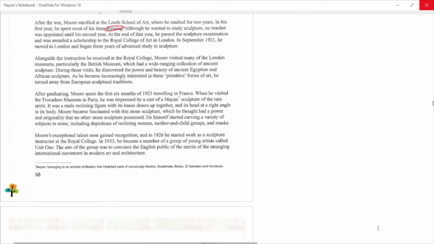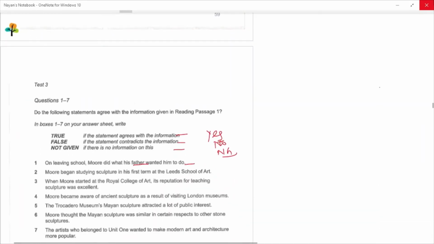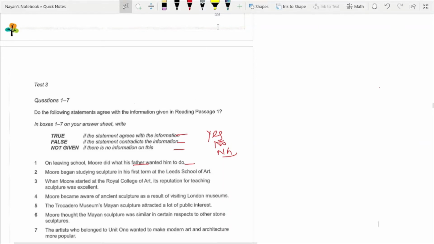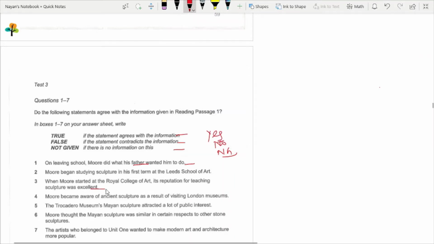So no information is mentioned regarding that. That's why the answer to the third question will be not given. Very clearly it is not given, because they have not mentioned anything regarding whether it's excellent or not excellent.